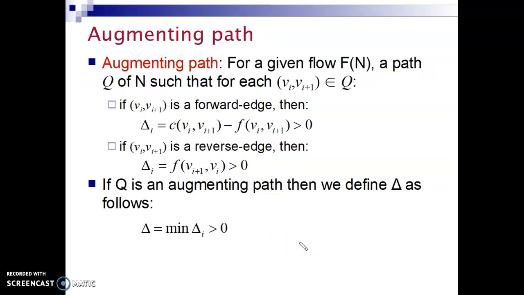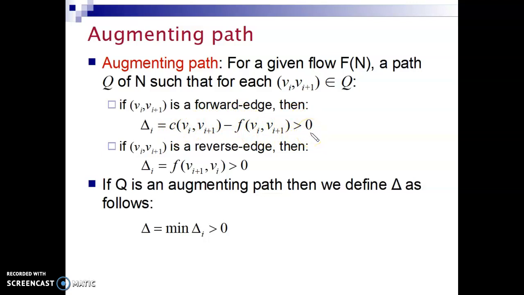Now let's define the augmenting path. An augmenting path for a given flow is a path Q such that each edge on this path obeys one of these two rules. The first one says, if this is a forward edge, then the difference between the capacity and the flow on this edge must be positive.